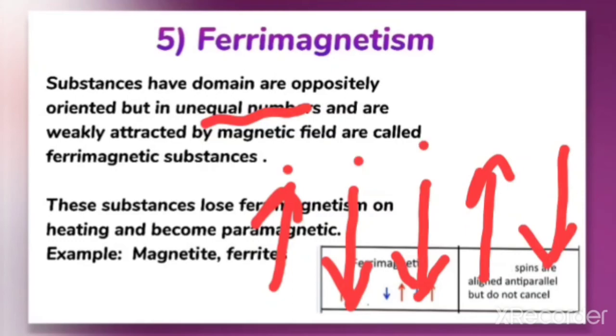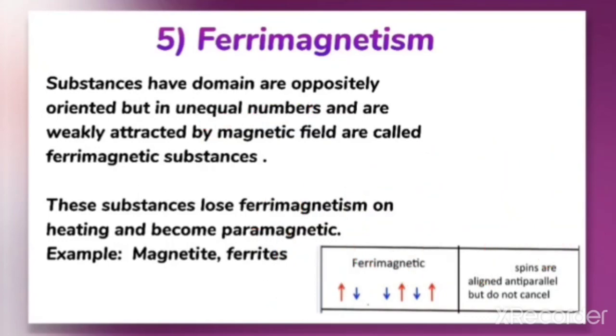They are in unequal numbers. That is the reason such a substance is called ferrimagnetic, because it has domains which are oppositely oriented but in unequal numbers. These are weakly attracted by the magnetic field and are called ferrimagnetic substances.